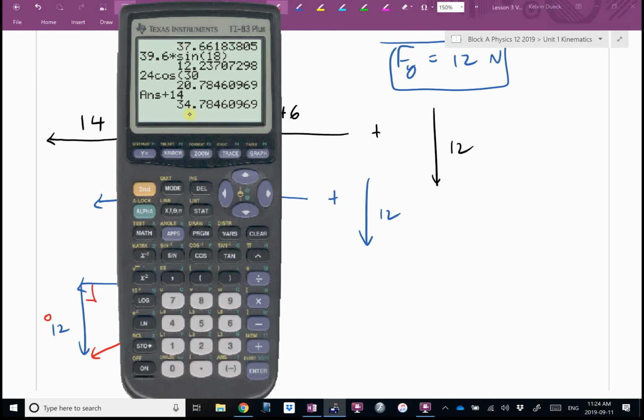Now, I'm lucky. I have this whole number not rounded off on my screen, so I'm going to use this. If you're just using the 34.7846 and not all the extra digits, we'll be off on the 4th or 5th sig fig between you and I. Squared plus 12 squared, square root, answer button. I get a magnitude of 36.8. Final answer. Now I'll go to 3 sig figs.